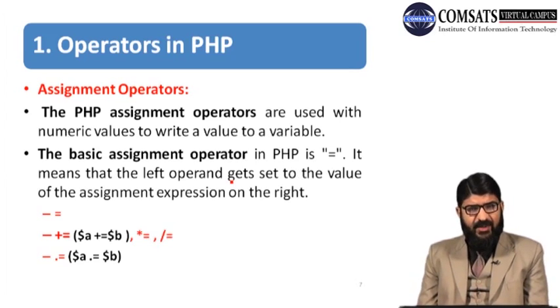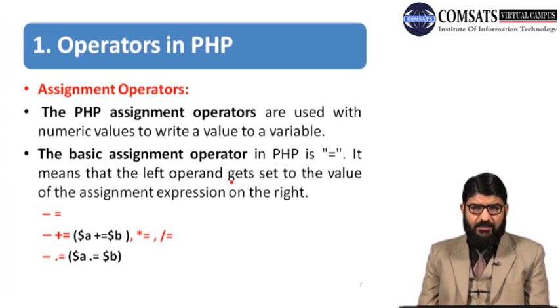The basic assignment operator in PHP is equals. It means the value on the right hand side of the expression will be assigned to the variable on the left hand side. The equals sign is majorly used, and also plus equals, minus equals, and so on.